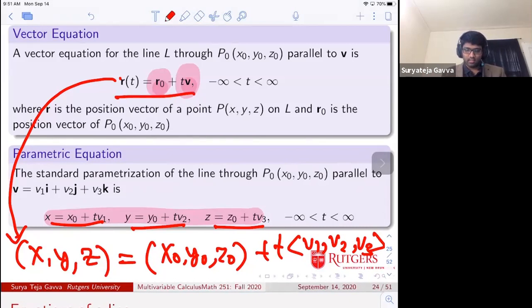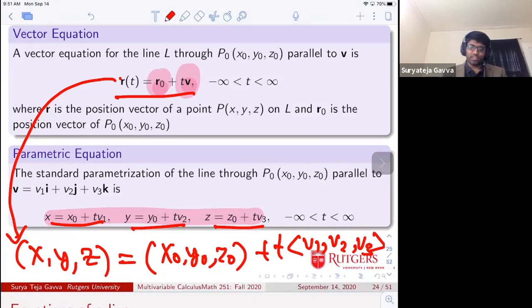R is x, y, z, R0 is x0, y0, z0, V is v1, v2, v3. Equating the coordinates, x equals x0 plus tv1, y equals y0 plus tv2, and z equals z0 plus tv3.